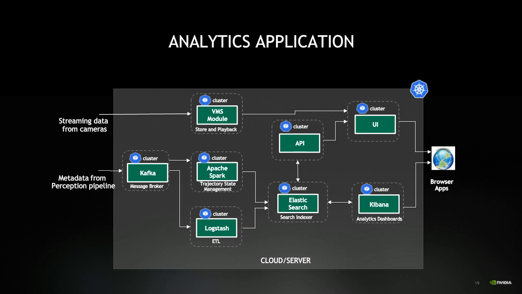The search indexer is implemented using Elasticsearch. VMS will record the live streams coming from the camera for playback of anomalies and display them on screen. This API will show speed, number of cars, and time traveled between a given corridor. Kibana is used for creating this analytic dashboard, which provides an easy-to-use interface from the browser. Now let's see it all in action.